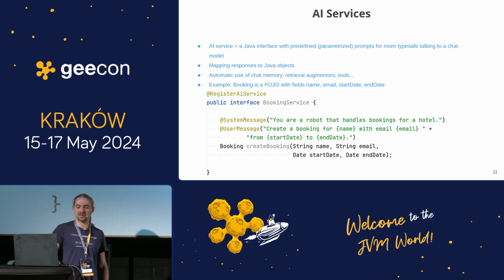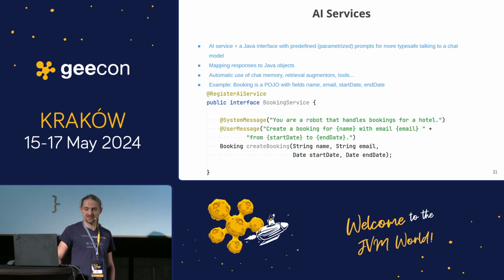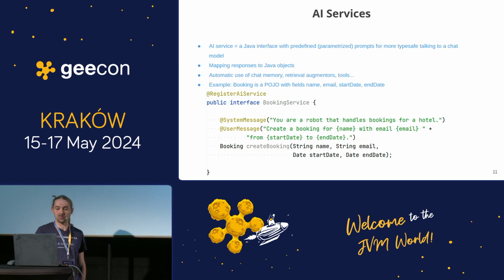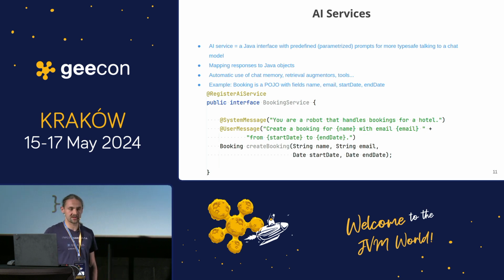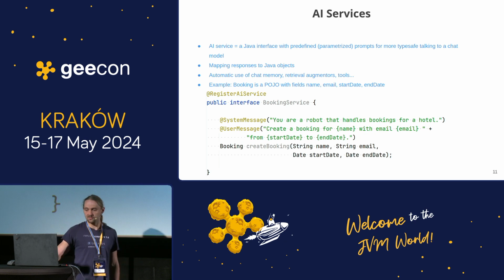So it will tell the LLM, please respond in a JSON format with these fields, and the model will respond with these fields as a JSON document, and then the response will be mapped directly to a Java POJO.